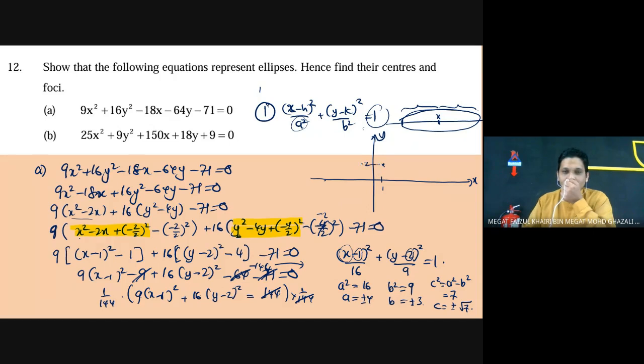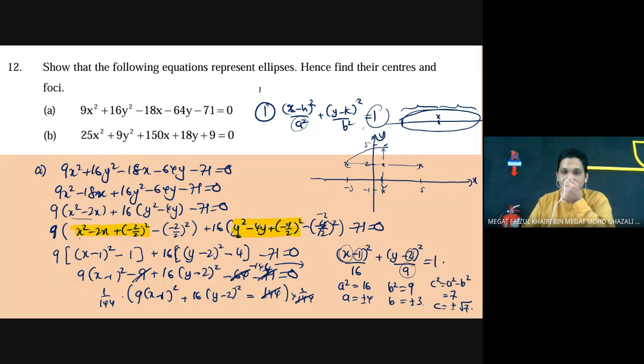If we move 4 units to the left and 4 units to the right, 1 plus 4 equal to 5, 1 minus 4 equal to negative 3. Then for the minor axis, b equal to 3, so we move 3 units upward and 3 units downward. So 2 plus 3 equal to 5 here, and 2 minus 3 equal to negative 1 here.